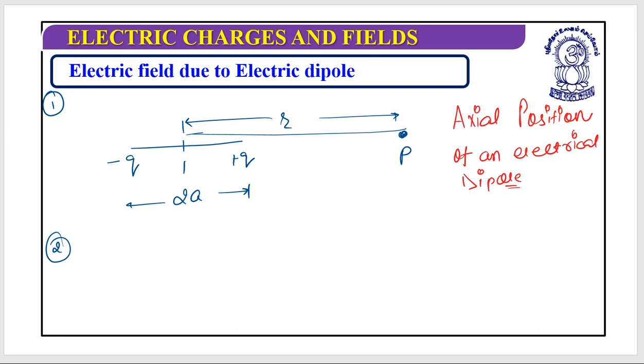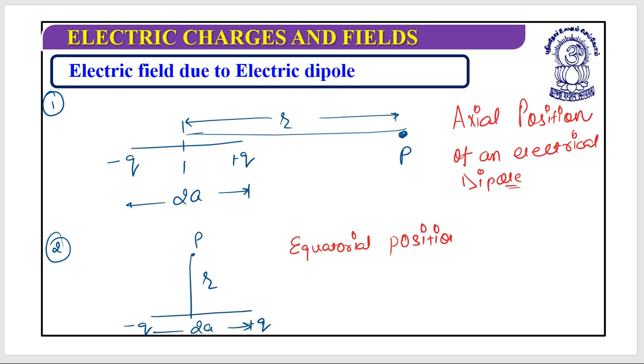The second situation would look like this. It's a minus q here, it's a plus q here. Let's say separation is 2a, and you require an electric field at this point p. This perpendicular distance can be considered as r. This is what we call the equatorial position of an electric dipole.